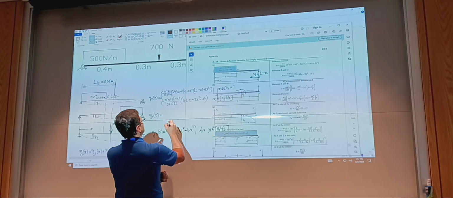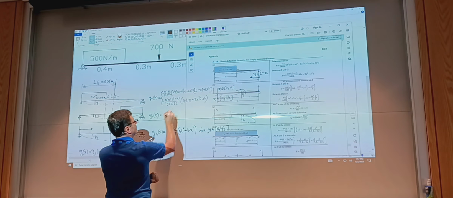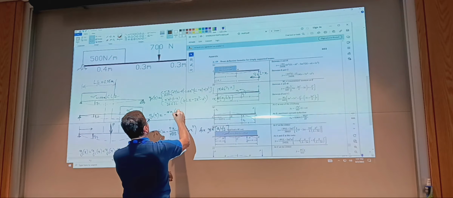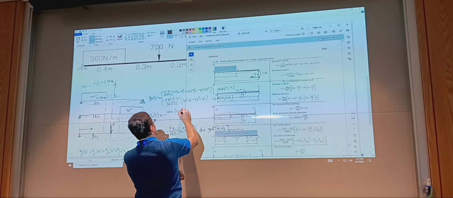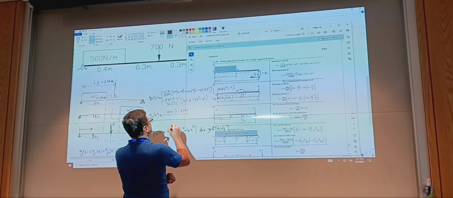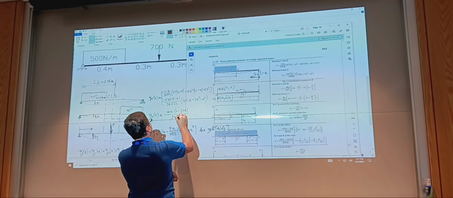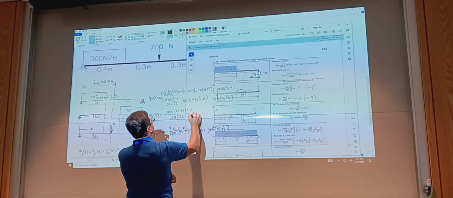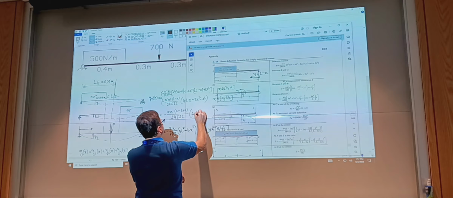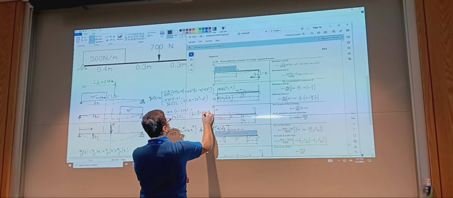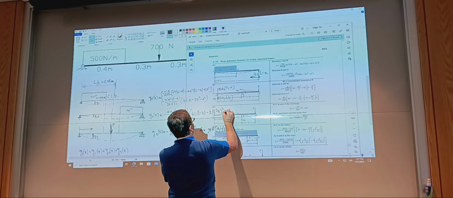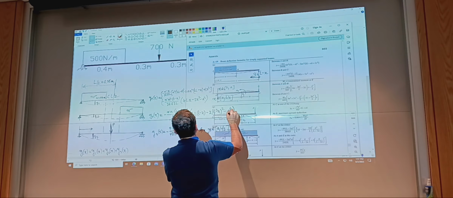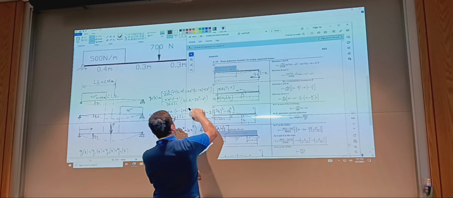So this goes negative W A over 24 EIL, and then I have 4L, and then it will be L minus x, minus 2 times L minus x squared, minus A squared.